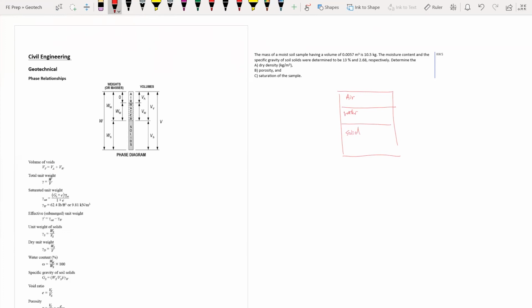It gives the mass and volume. This time the volume is in meters cubed and the mass is in kilograms. It gives us the volume right there to be 0.0057 meters cubed and a total mass of 10.5 kilograms.